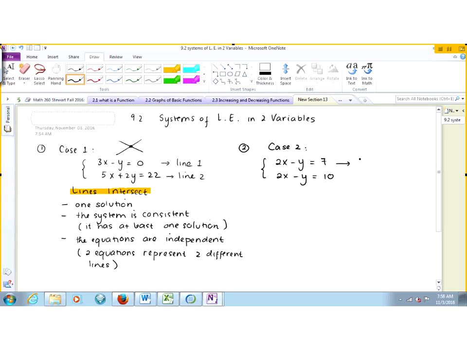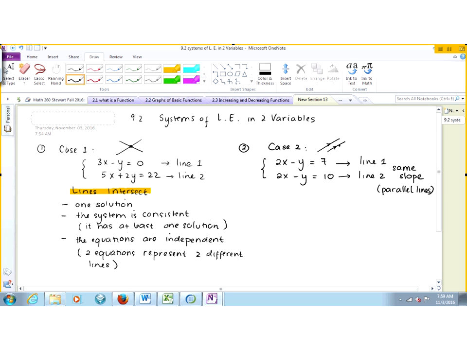So this is your line 1, this is your line 2. They have the same slope, so what happens if they have the same slope? They're parallel, yes. So case 2 looks like this.